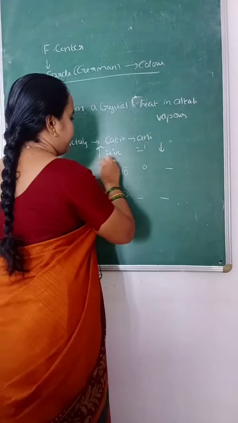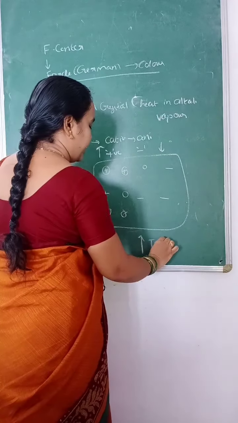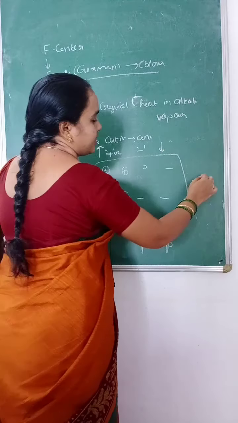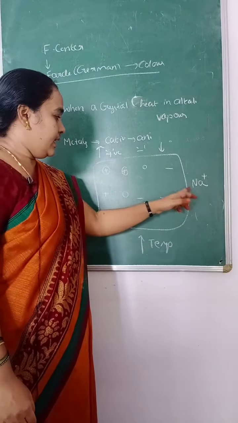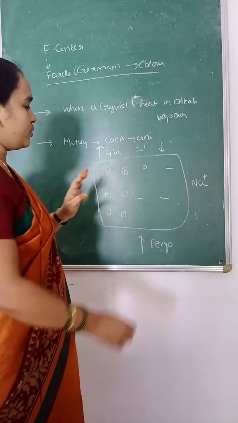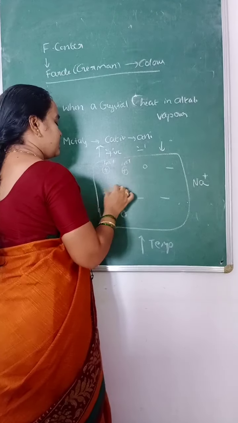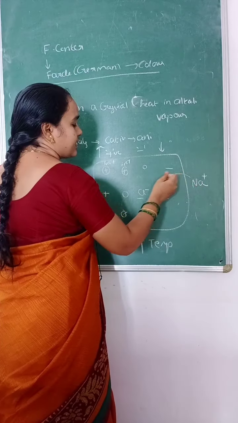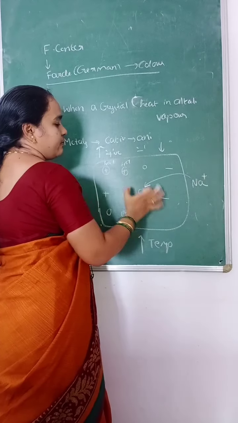When this crystal is subjected to temperature in the presence of an alkali such as sodium, a positive ion, this positive ion interacts. For example, in a sodium chloride structure, these are all sodium plus ions and chlorine minus ions. Sodium plus interacts with chlorine minus ions and they form some pair.